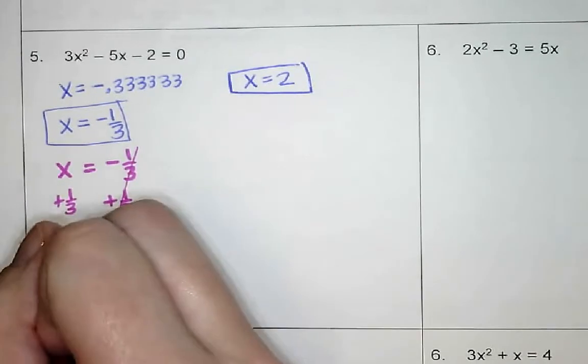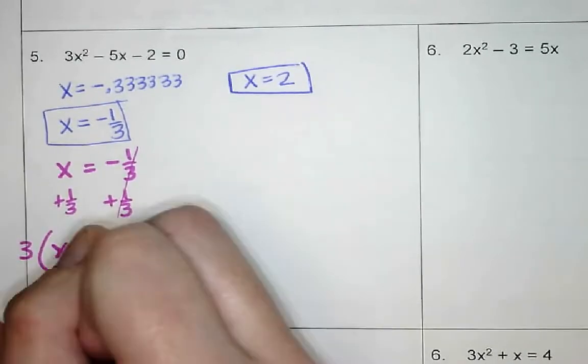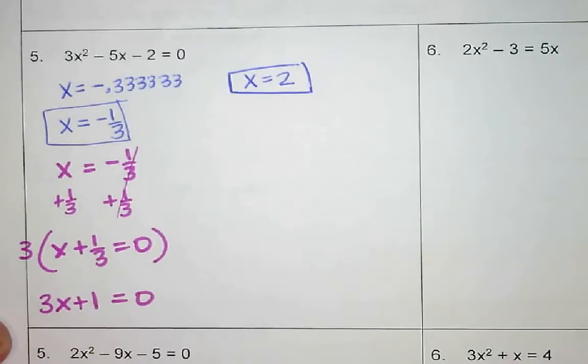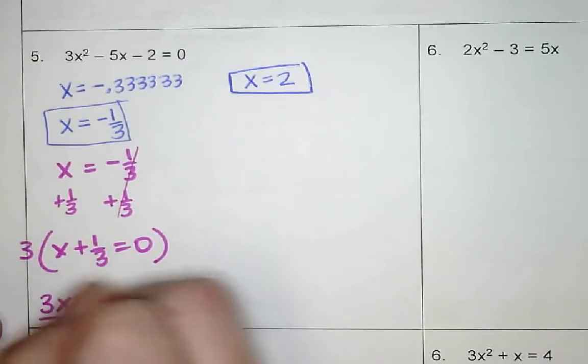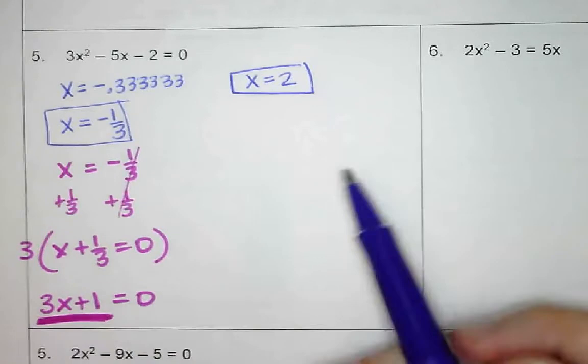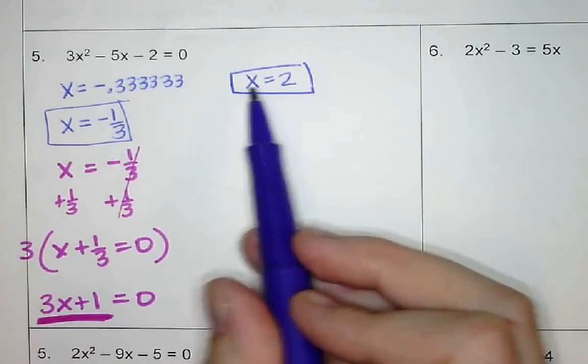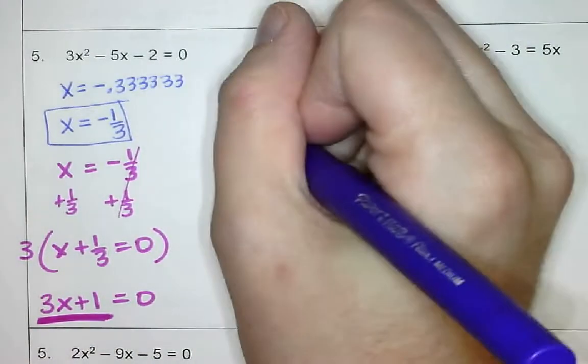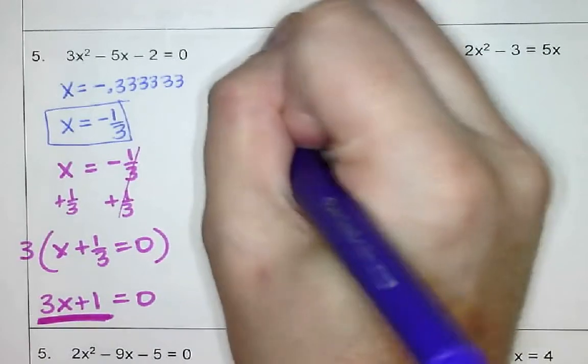This other one over here, we had x equals 2. I'm going to subtract 2 from both sides. So I have x minus 2 equals 0. That right there is my second factor.